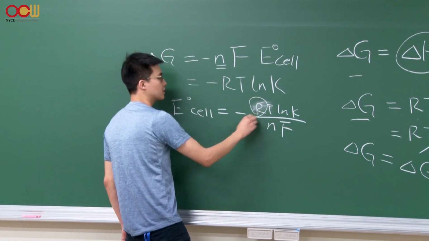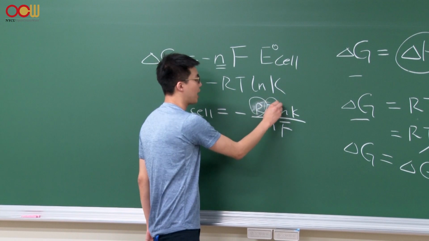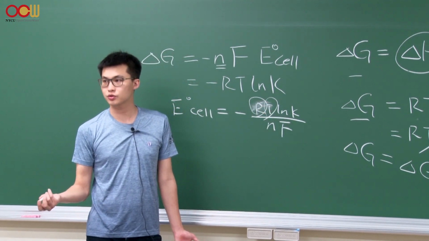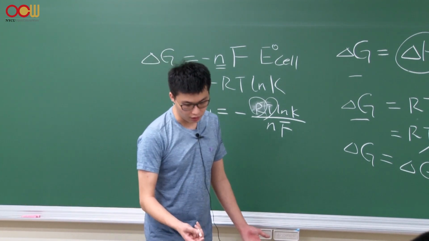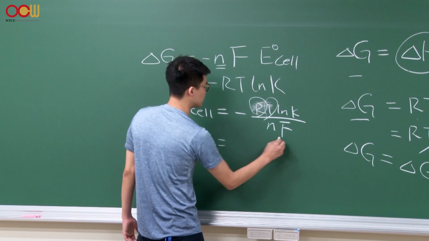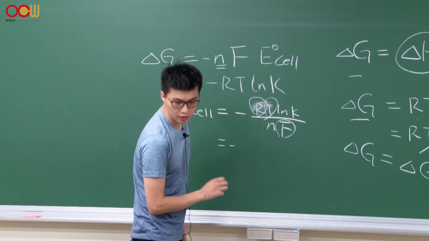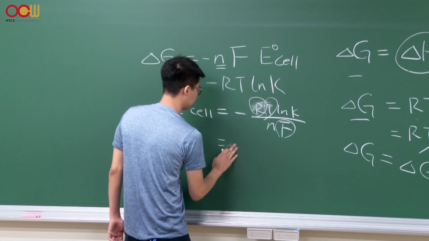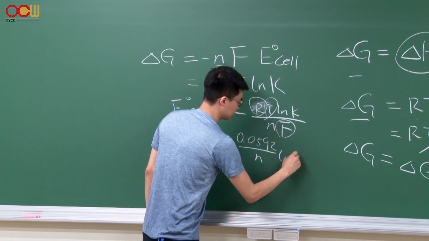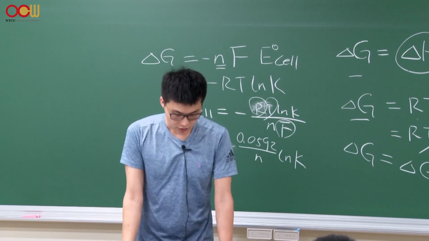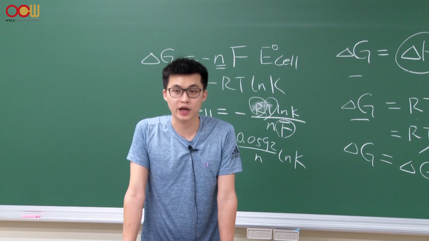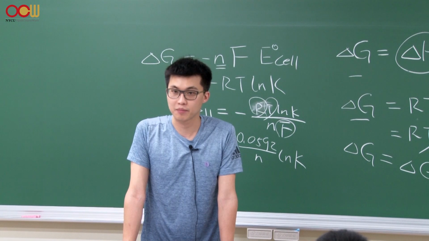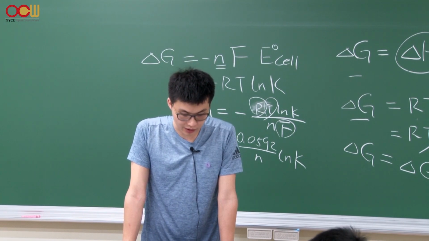Because we know this is a constant, and usually you operate at a standard temperature, which is room temperature, you can simply get the value of this, so this is a constant too. Based on this equation, you can do a lot of calculation that will tell you the free energy that's available from a battery or from any redox reaction.